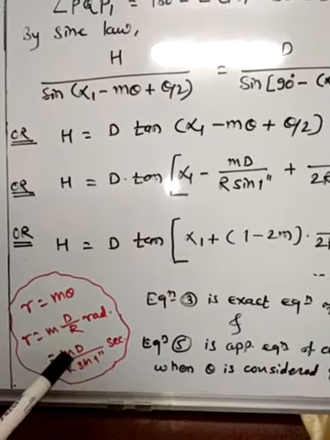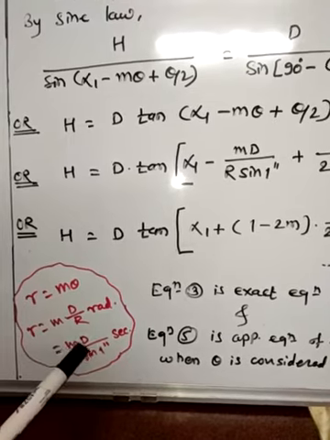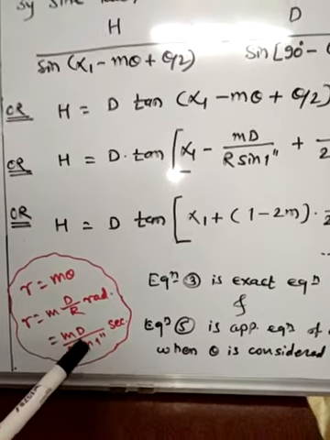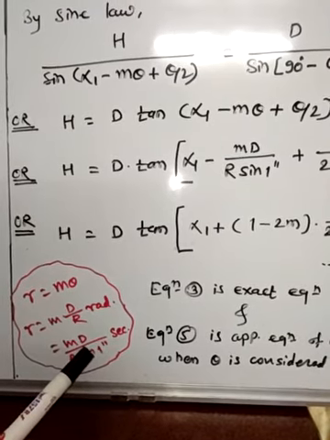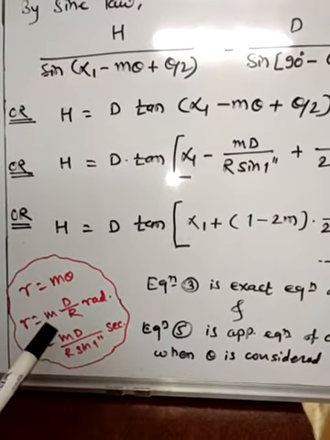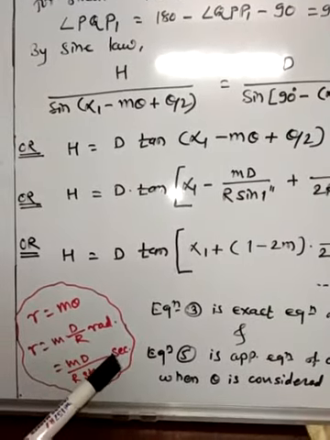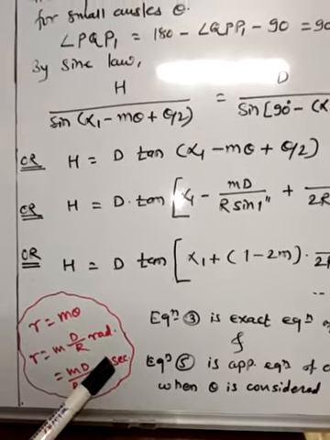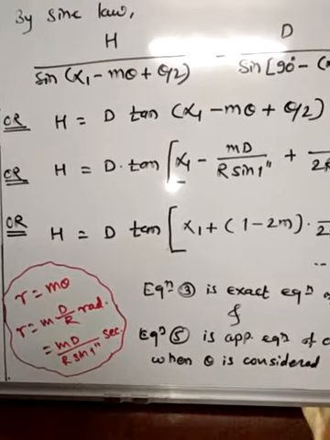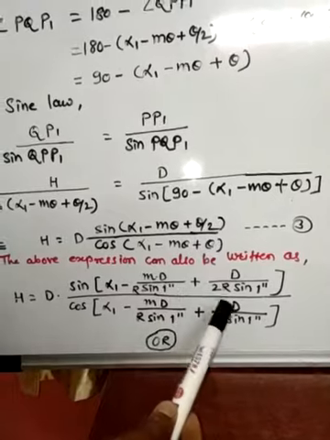So D equals r equals m times D divided by r sine 1 second. This is the effect of changing the equation, converting radians to seconds. So 1 radian must be 206,265 seconds. It is a conversion. So the same expression can be written in terms of radians to seconds.